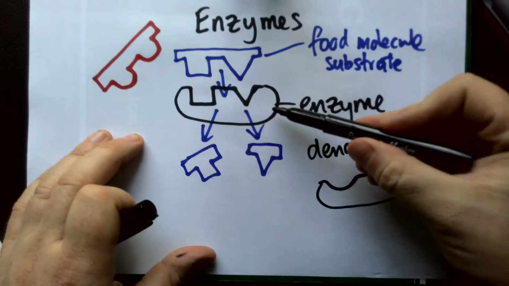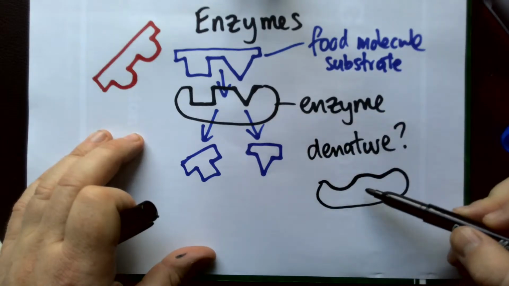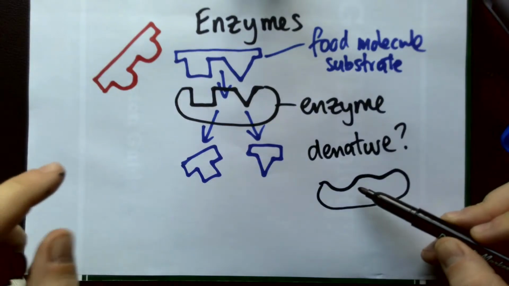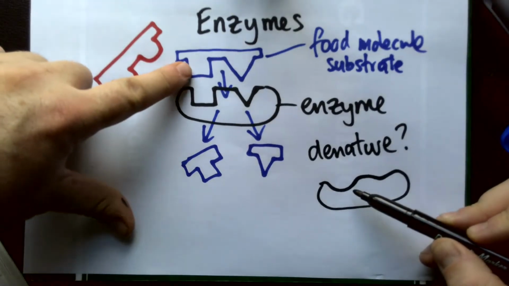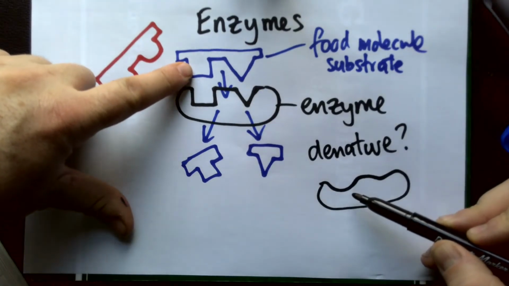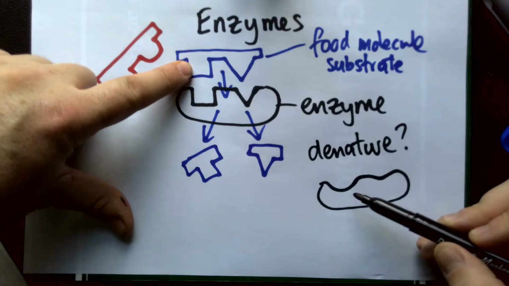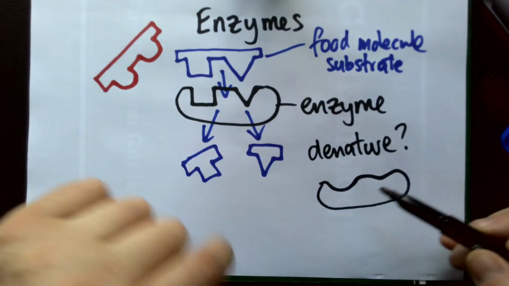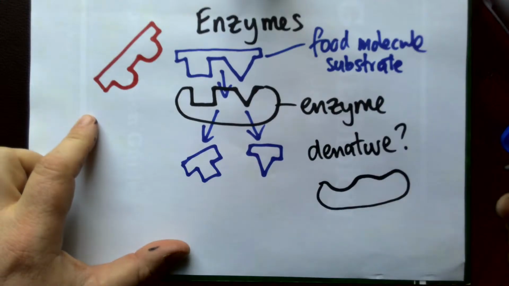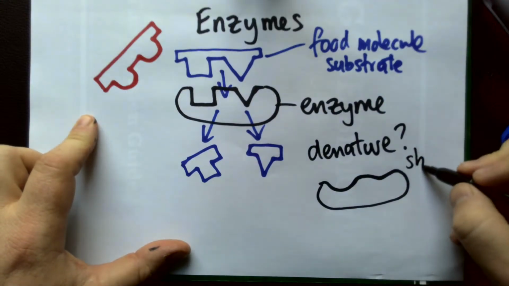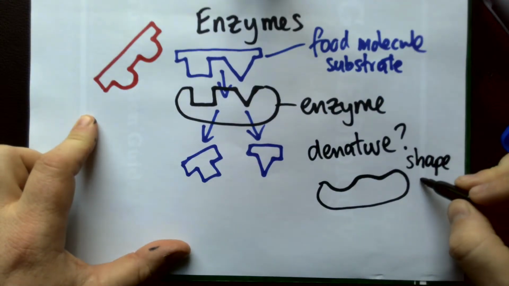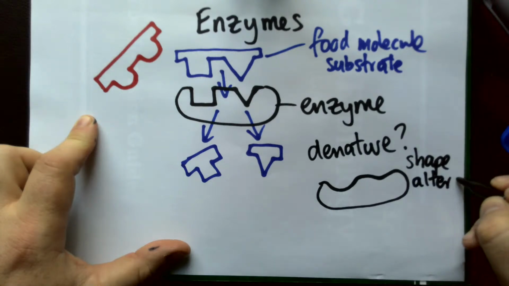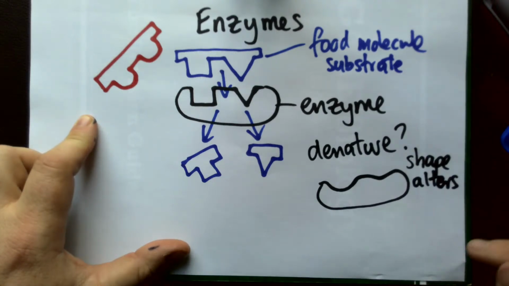It goes from this shape to this shape, and it means that the enzyme can no longer do the job it was intended for. It can no longer have this substrate fit into it to break up. We call this denatured. The shape alters, and it cannot do its function anymore.